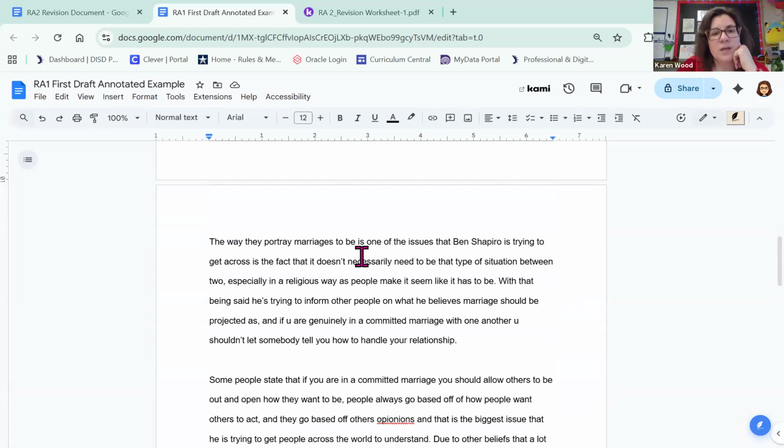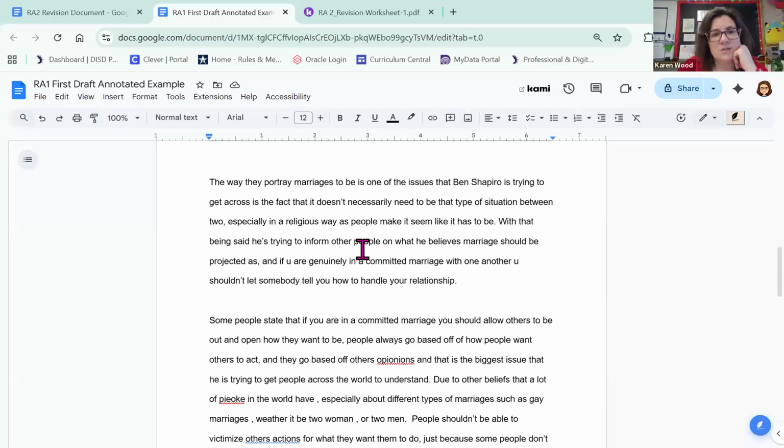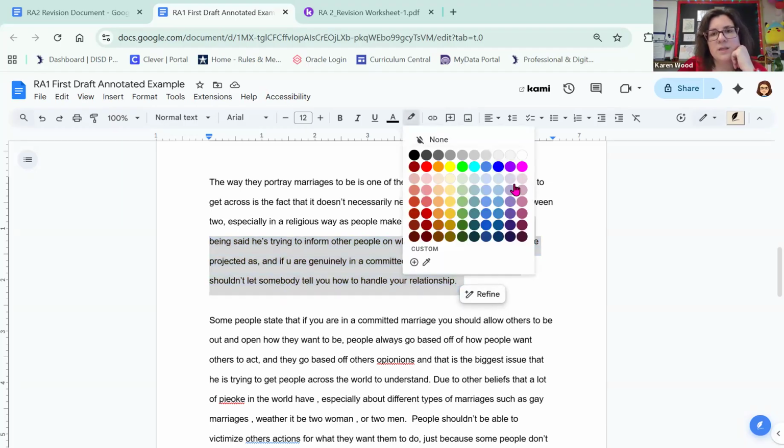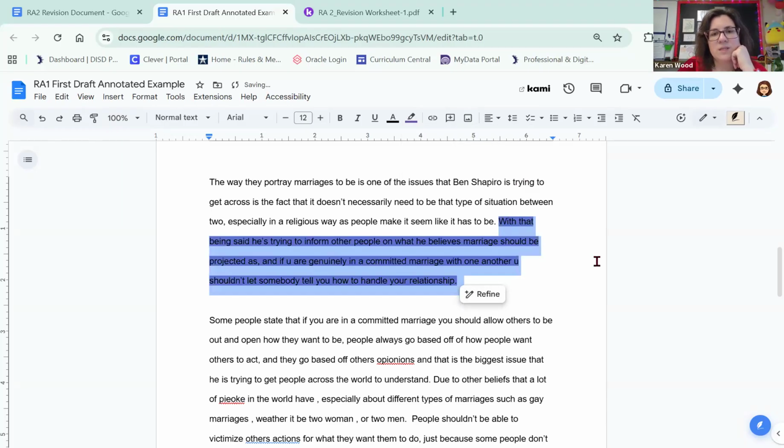The way they portray marriages is to be one of the issues Ben Shapiro is trying to get across is the fact that it doesn't necessarily need to be that type of situation between two, especially in a religious way, as people make it seem like it has to be. With that being said, he's trying to inform other people on what he believes marriage should be projected as. And if you're genuinely in a committed marriage with one another, you shouldn't let someone tell you how to handle your relationship. I think that's the closest I've seen, so I'm going to make that purple.